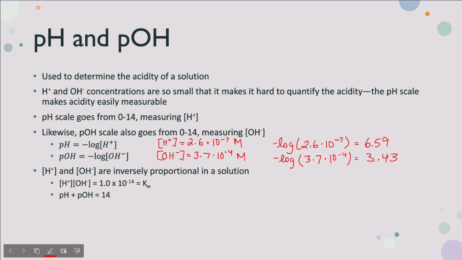This means that at 25 degrees Celsius, water has a dissociation constant of 1.0 times 10 to the -14, and it also means that in any aqueous solution at 25 degrees Celsius, no matter what is in that solution, the H plus concentration times the OH minus concentration is always going to be 1.0 times 10 to the -14.